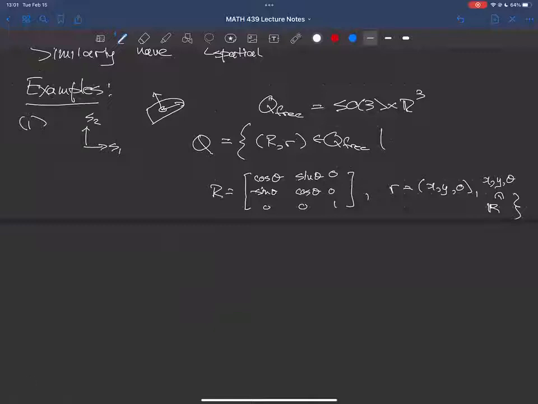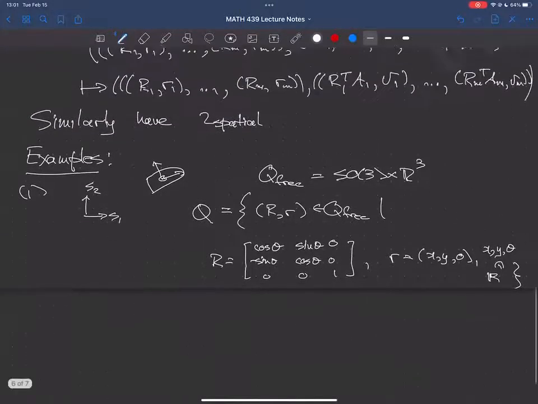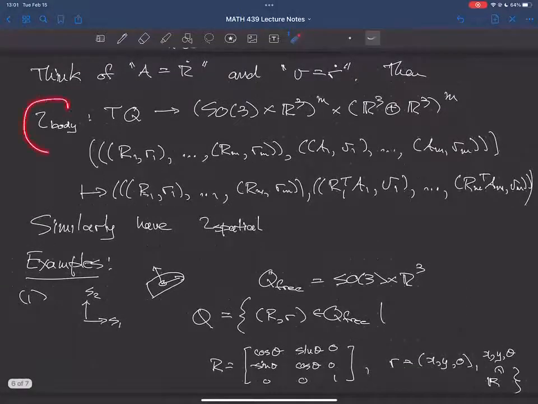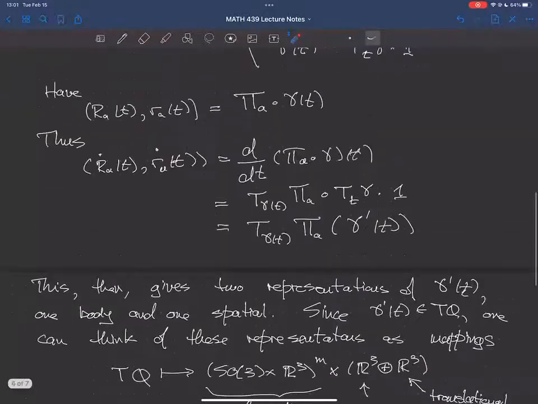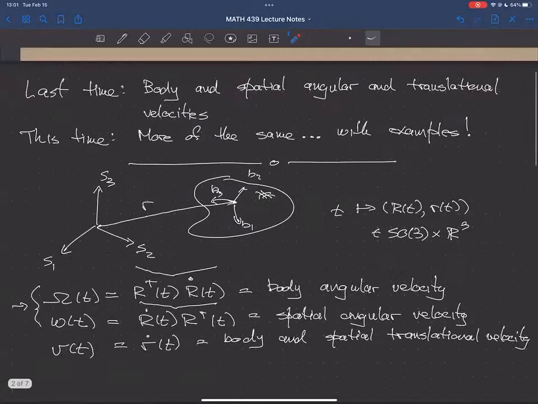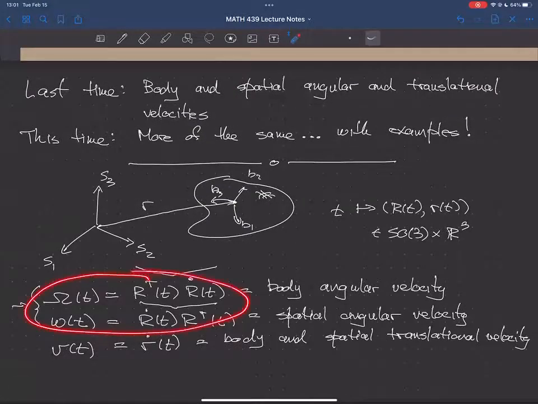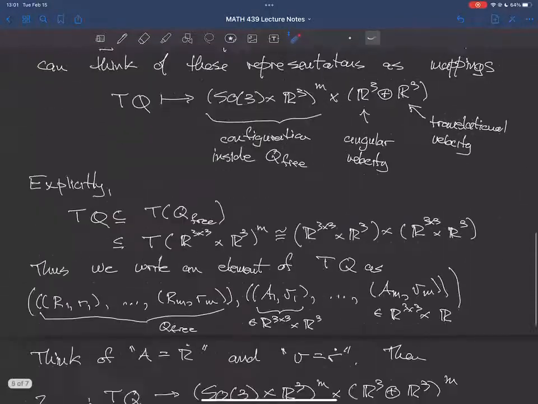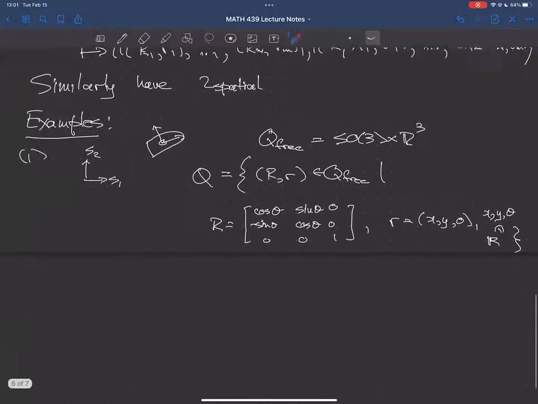Now what we're going to do is write down what this thing is. That really just amounts to doing the very elementary stuff that we did last time, which is calculating the body and the spatial angular velocities. You do that just by elementary differentiation.